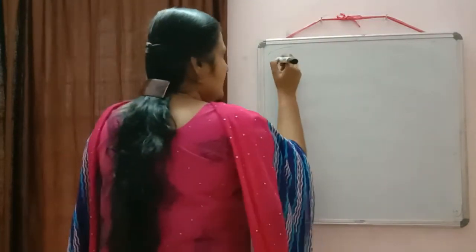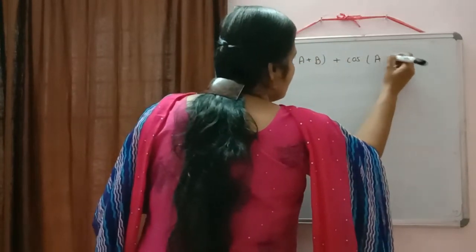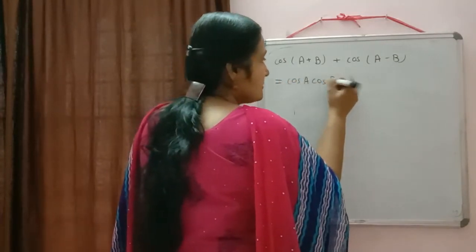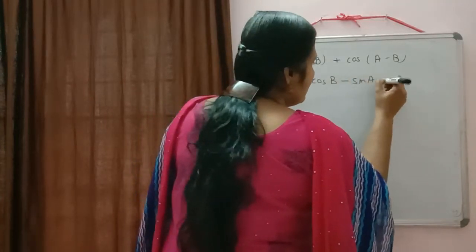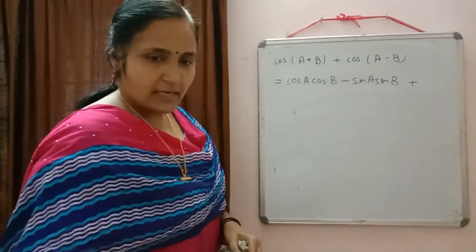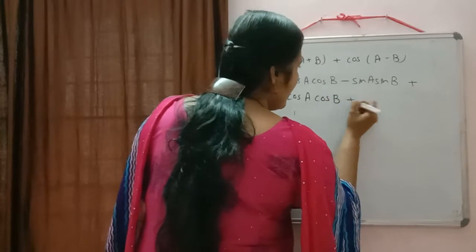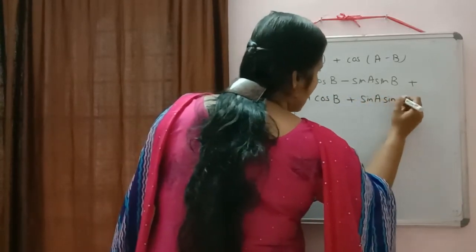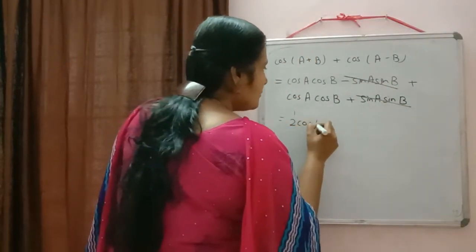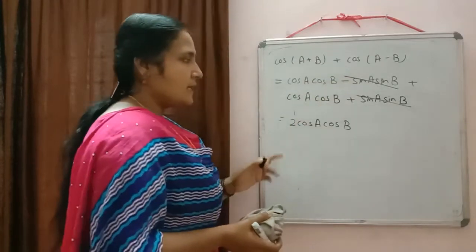Cos(A+B) plus cos(A-B). We already know the formulas. Cos(A+B) is equal to cos A cos B minus sin A sin B. Now the formula of cos(A-B) will be cos A cos B plus sin A sin B. In this case, these two get cancelled and we get the answer 2 cos A cos B. So cos(A+B) plus cos(A-B) is equal to 2 cos A cos B.